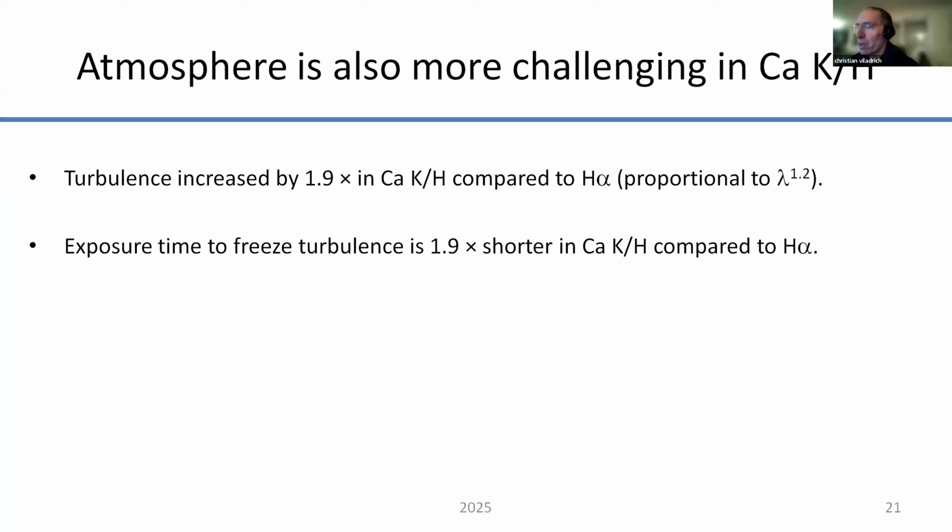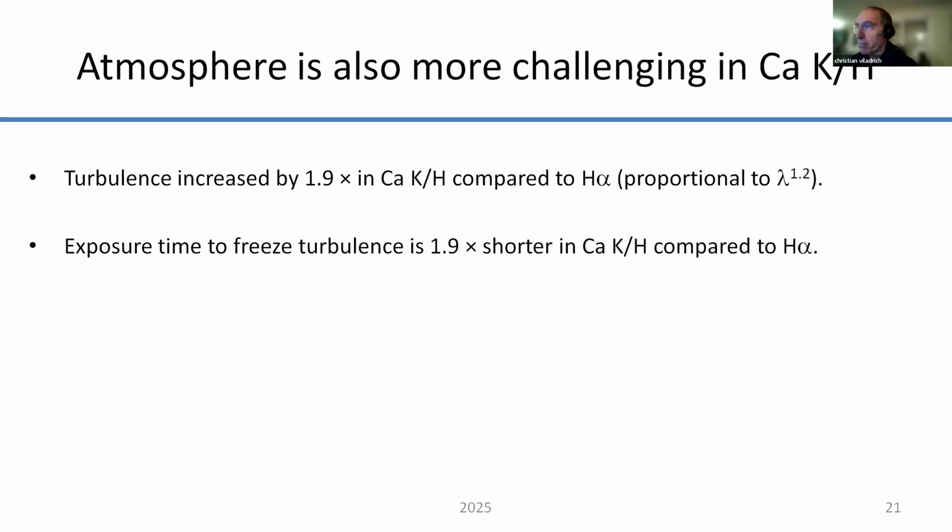If we compare turbulence in calcium K and turbulence in H alpha, there is about a factor of twice turbulence in calcium K. This is huge. This is really huge. And this explains why this is so difficult to get good images in calcium K. There is much more turbulence in calcium.